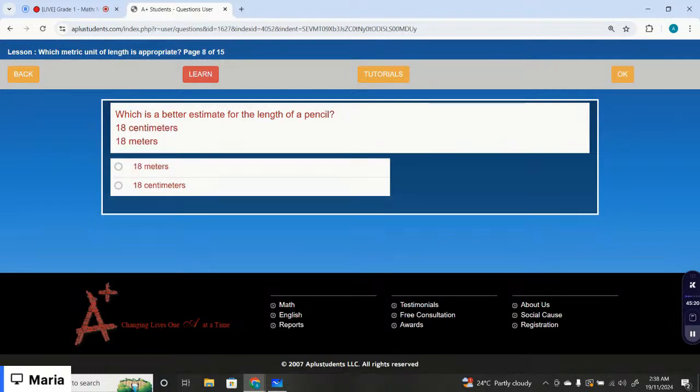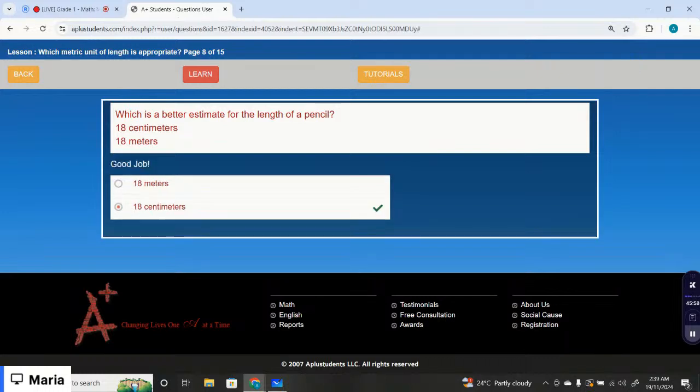Which is the better estimate for the length of a pencil? That is 18 centimeters. Option number two is the correct option.